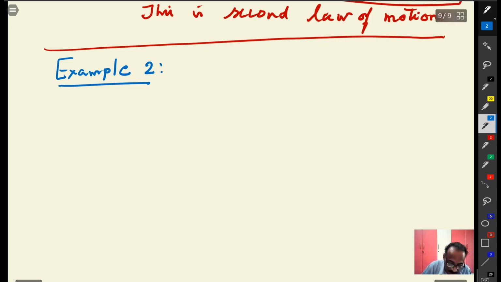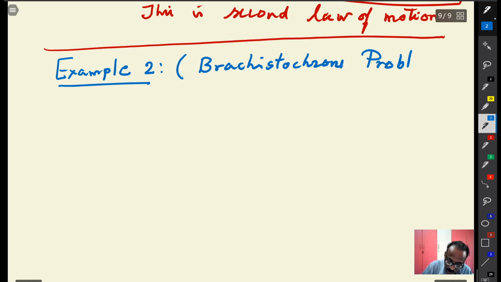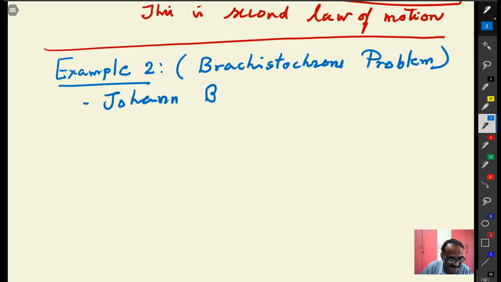This is what is called the Brachistochrone problem, with which many of you are probably already familiar. This problem was introduced by Johann Bernoulli in the 1600s or something like that.